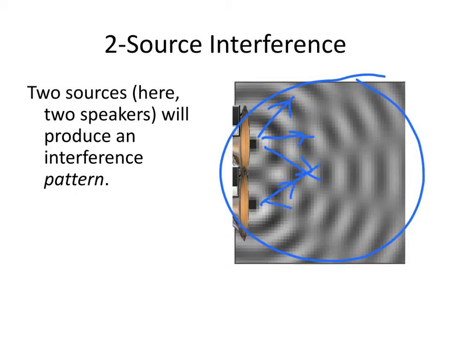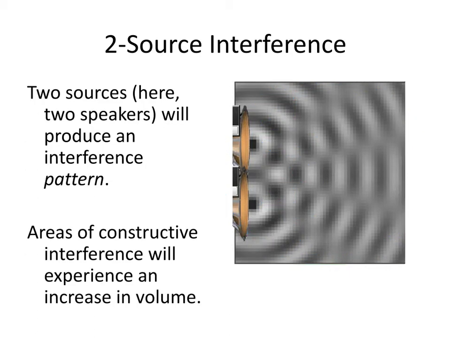That's on the screen, but if we were to listen to these sounds, really it would be three-dimensional wave interference, because we could hear those sounds anywhere in the room in 3 dimensions. So we'll get areas of constructive interference, which would give us an increase in sound intensity.